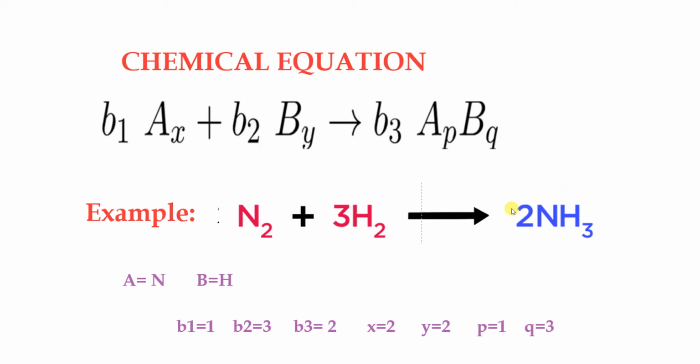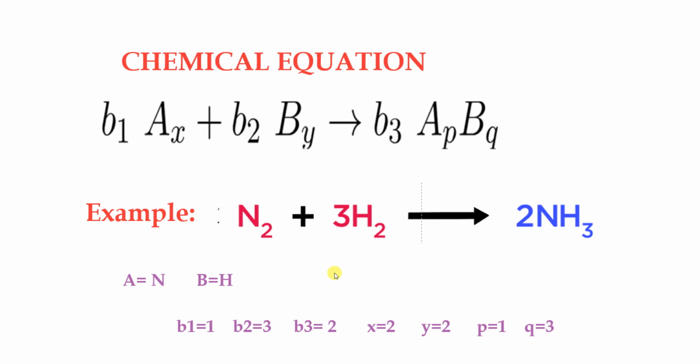So B3 value is 2. P is N, we have 1 here, and H, because B is H, A is N. So Q is 3. So comparing the standard chemical equation with our example N2 plus 3H2.